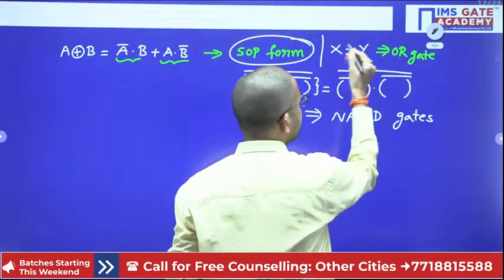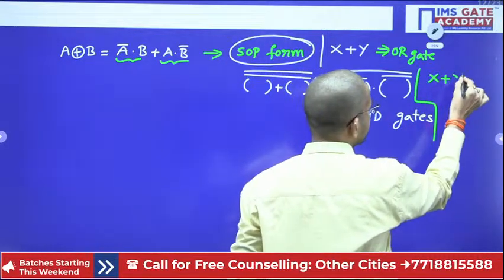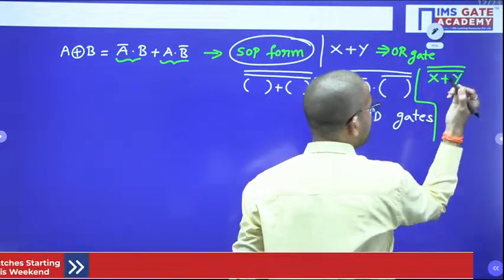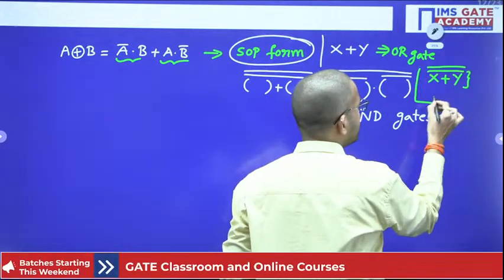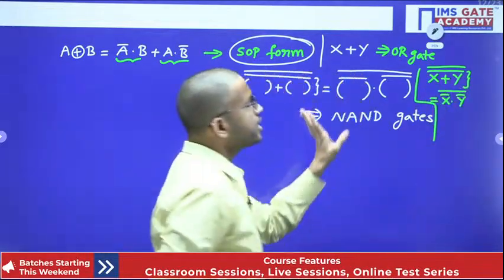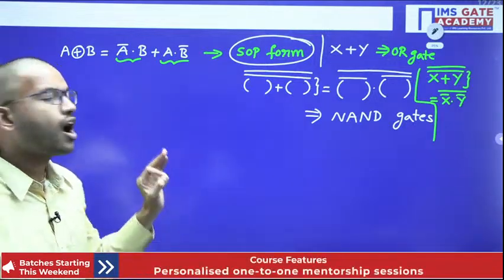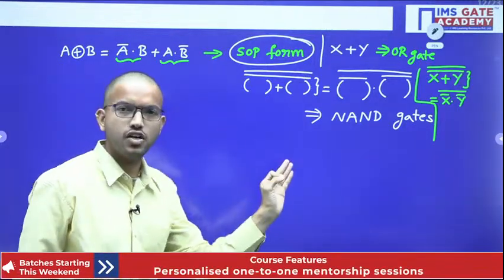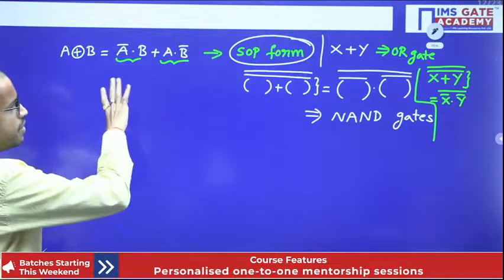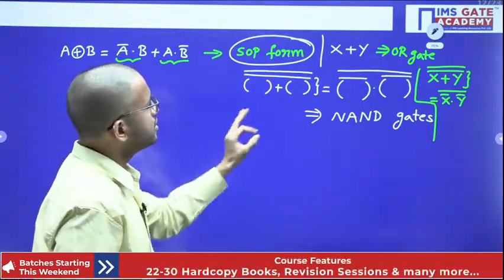So if you are having an OR gate form, then what you will do? You will apply 2 times complement, and for the inner complement you can apply De Morgan's law. That's all. So that's why I have told, either if you remember the basic gates, how we have implemented with the help of NAND or NOR, or even with the help of this SOP POS discussion, you can easily correlate.